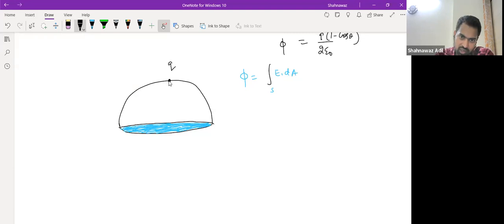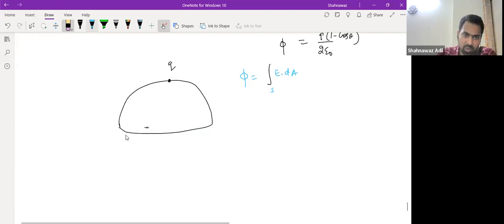And then you need to figure out that, let's say, this is d theta angle, and this is a ring, and then this is dr. So there will be more difficulty in solving this problem to calculate the whole integral. But when you know the conical property, that would be easier. You can calculate in just 3 or 4 steps.